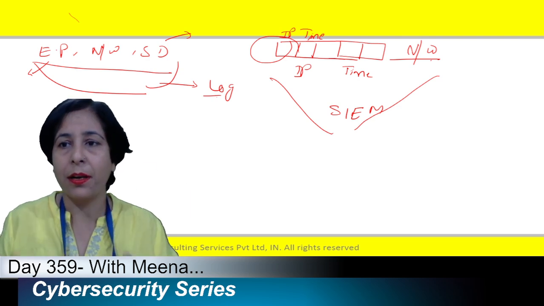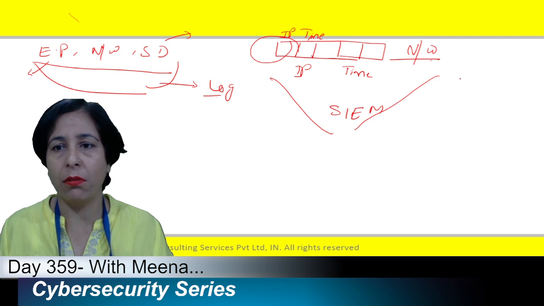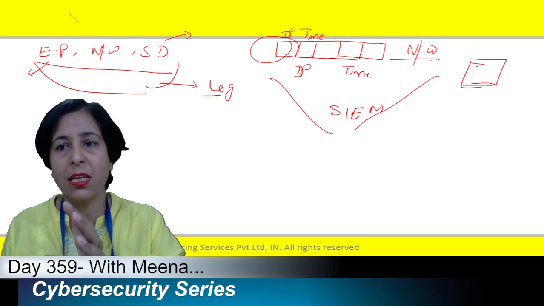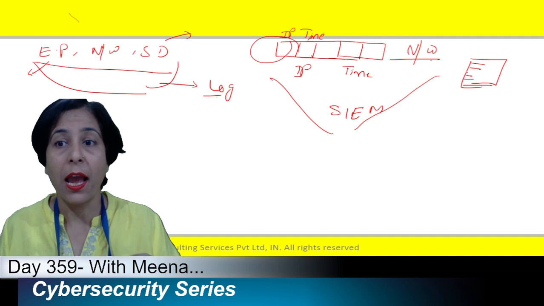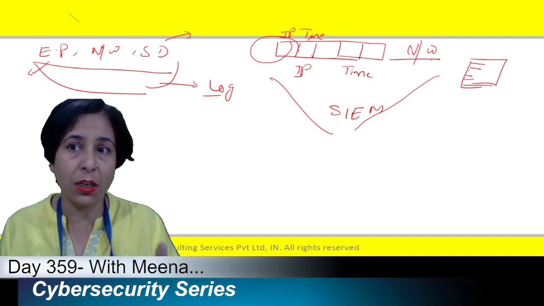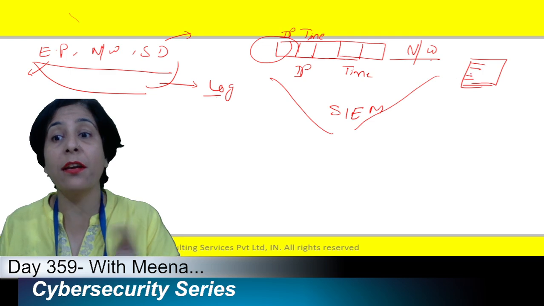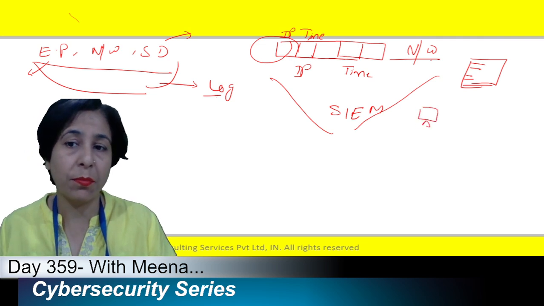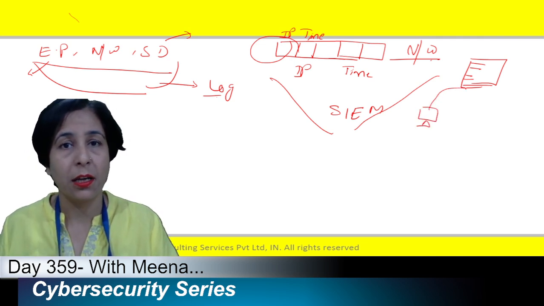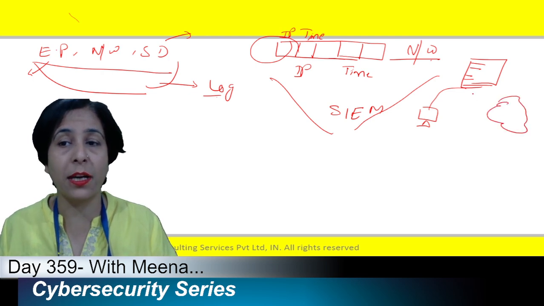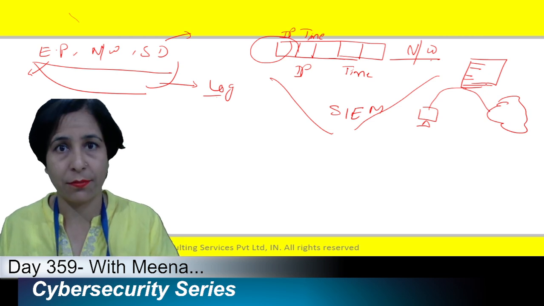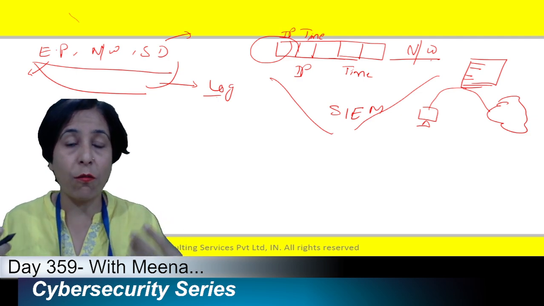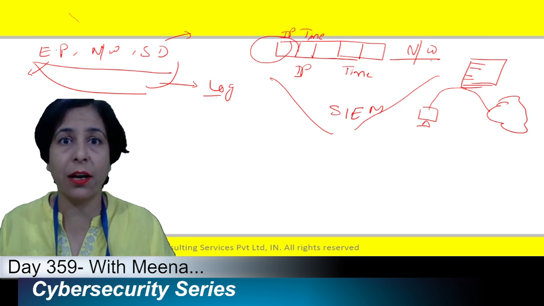For example, we have a list of malicious domains, and we are trying to see what type of traffic is communicating with those malicious domains. And if one of the endpoints is trying to communicate with a malicious domain over the internet, which is listed in our list, then this is a kind of attack, or the initiation of an attack.